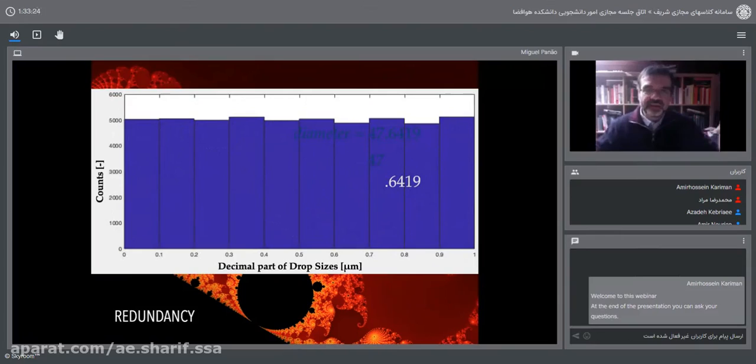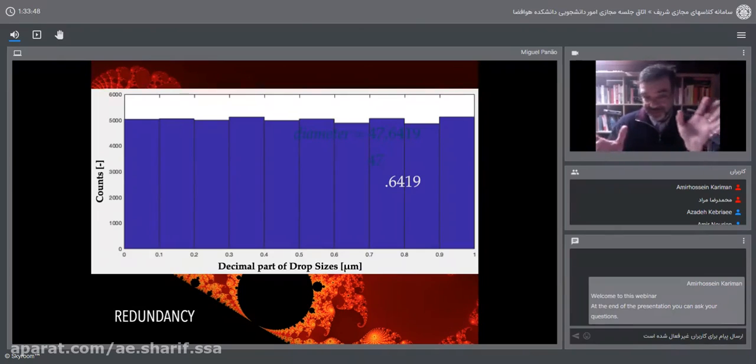And when I look at this, I say, well, this is chaotic from the information theory point of view. So why is my measurement 47.6419 and not, for example, 47.7183? So I start to wonder if this decimal part is redundant.